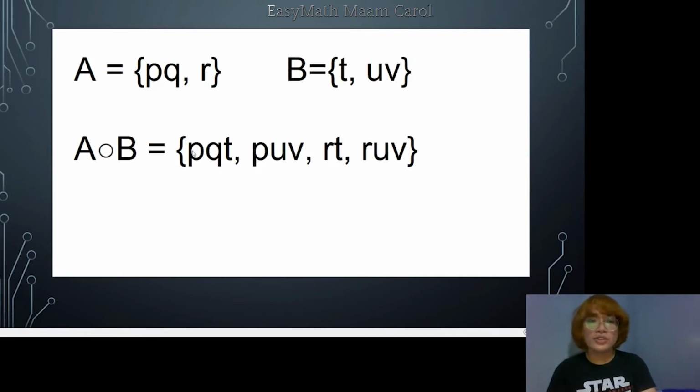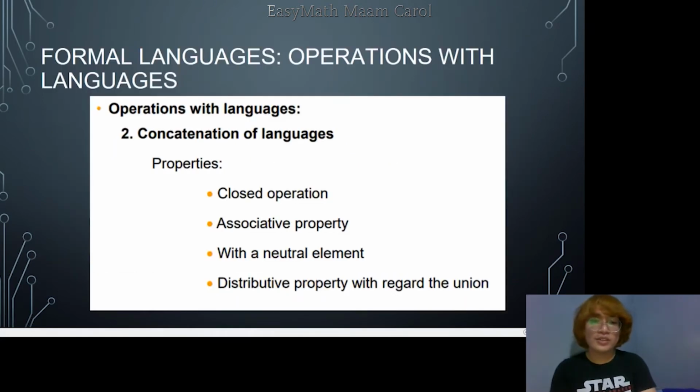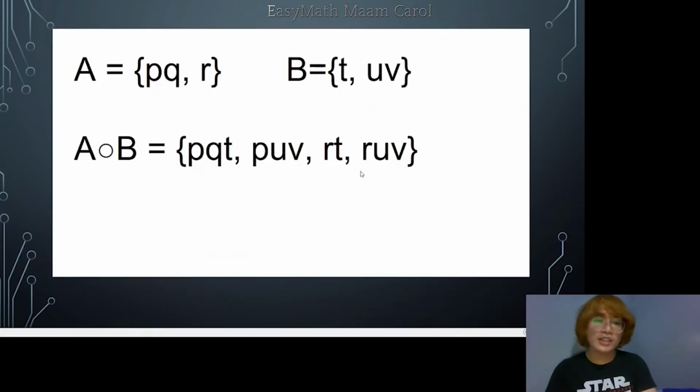Question: is B concatenated with A the same as A concatenated with B? No, because it is not commutative. It has no commutative property, so the answer will be different. It will be TPQ, TR, then UVPQ and UVR. So TPQ is not the same as PQT.